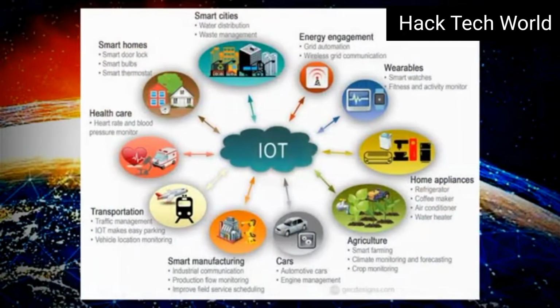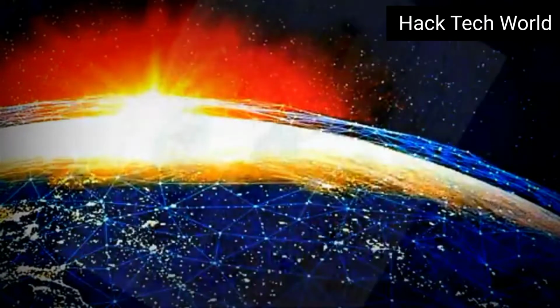In day-to-day life, in smart cities, cars, smart manufacturing, transportation, healthcare, home appliances, agriculture, wearables, energy management, almost every smart device uses IoT. For example, in a smart home, the smart door lock, smart doors, and smart thermostat collect all the data and send it to the server, so the server can analyze and tell us if the machine is in good health or not.